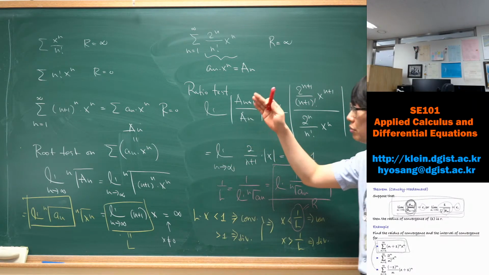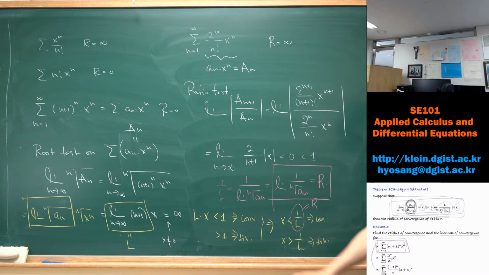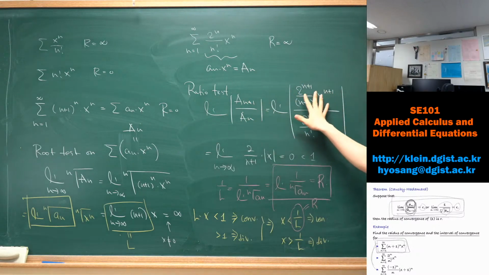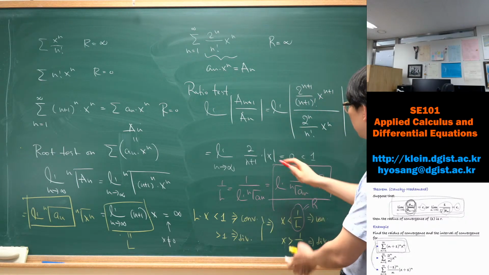So basically, you can simply apply the root test directly to the power series, or you can use the Cauchy-Hadamard theorem. It's up to you. It's the same when you use the ratio test. So this part, this part.